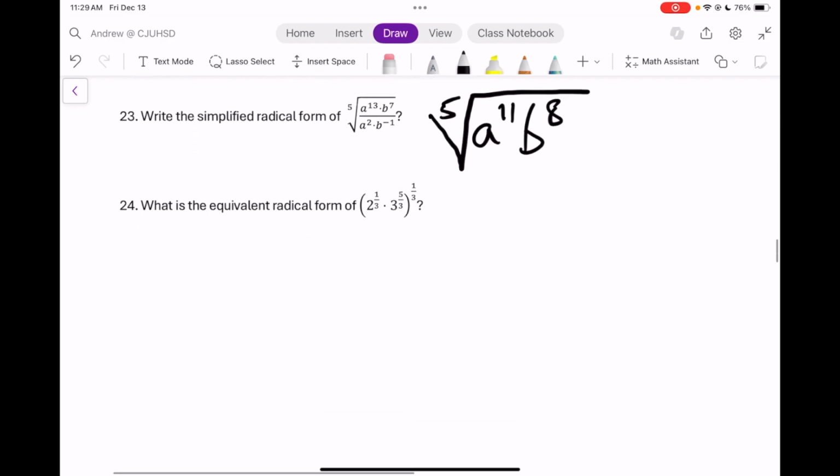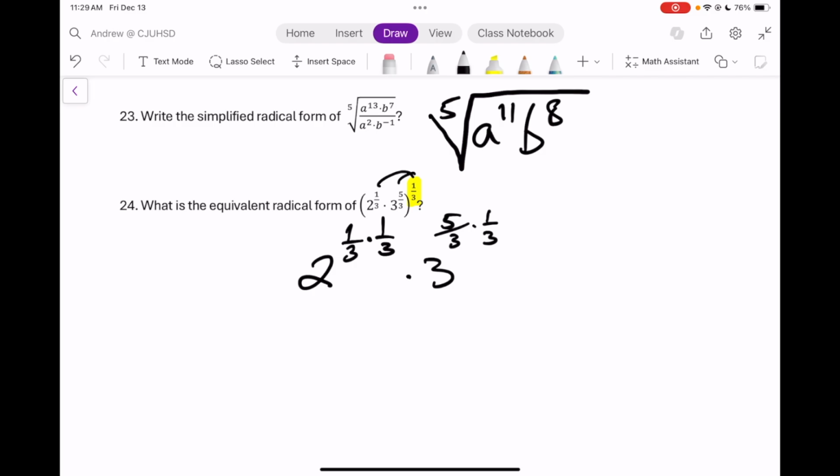And then 24, the equivalent radical form. Okay, so when you have this power on the outside, the 1/3, you get to multiply it times the other powers. So it's 2 to the 1/3 times 1/3, and 3 to the 5/3 times 1/3.